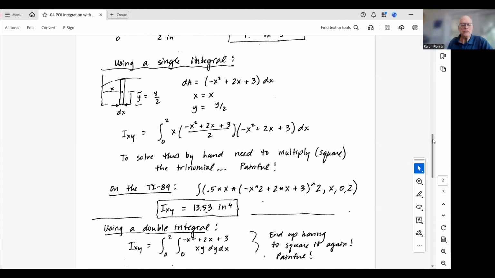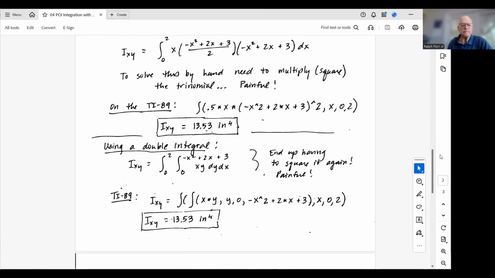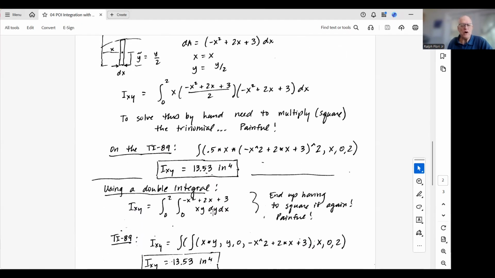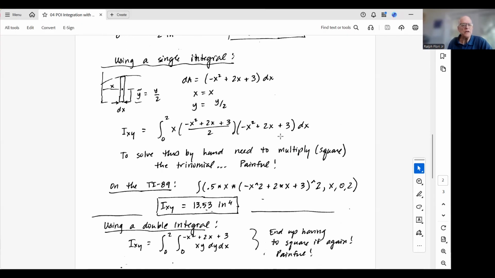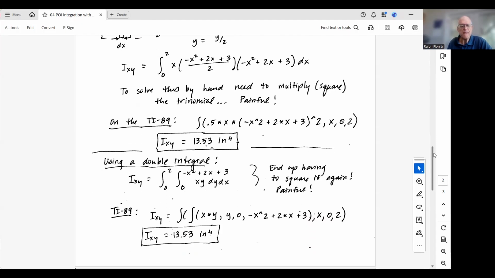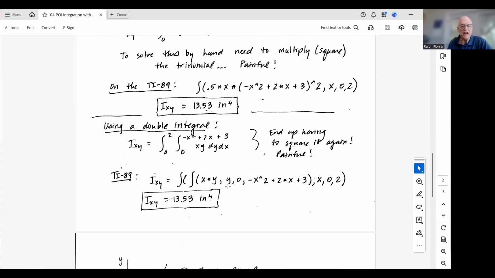On the other hand, you can use a double integral, and we just use a dy dx element. x tilde is x, y tilde is y. We integrate y from 0 to negative x squared plus 2x plus 3, and x from 0 to 2. You can plug that into your calculator just as it is given.